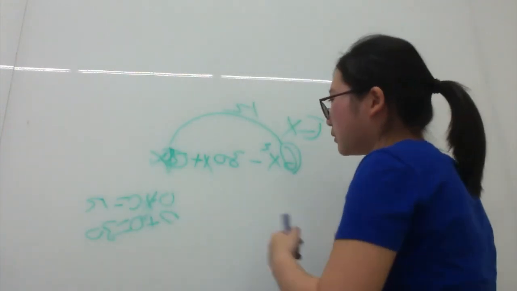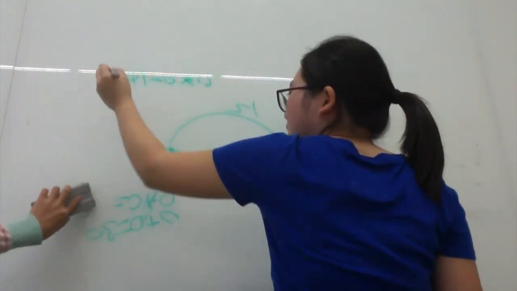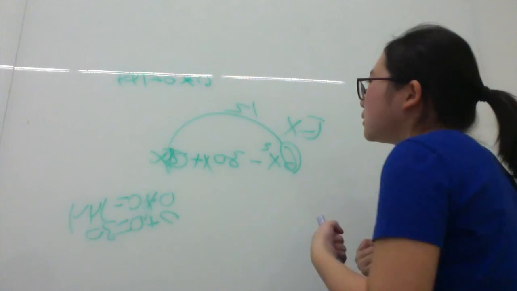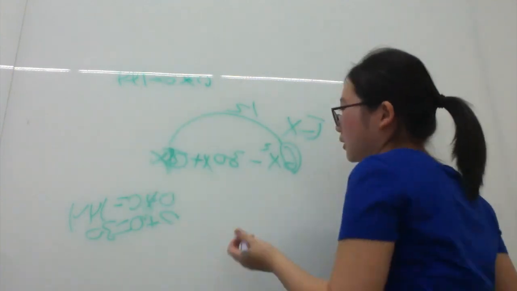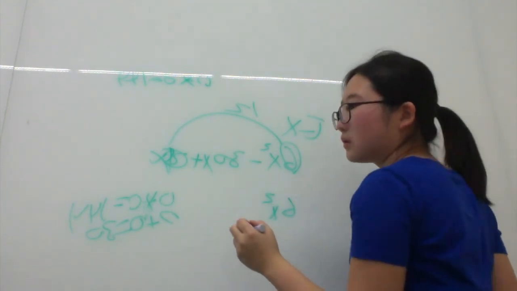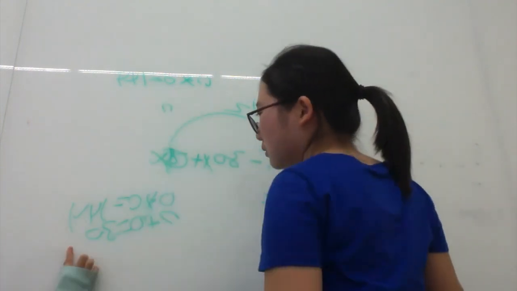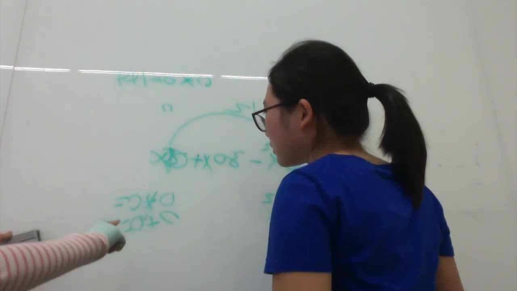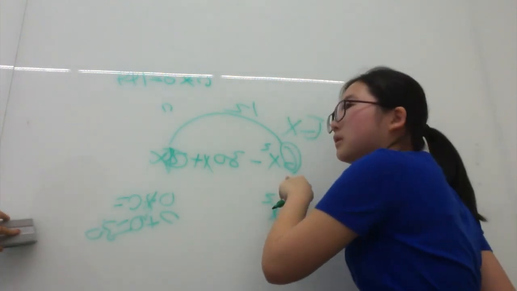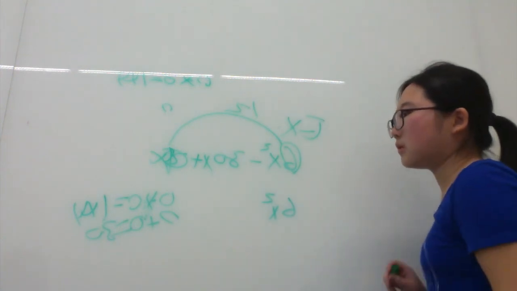You need to change this one to 24. Okay, so what is the answer? 12. Wait, 12 plus 12 is not equal to 30. This one is 24, right? Something times something will equal 24. Oh yeah. Something times something needs to equal 144.